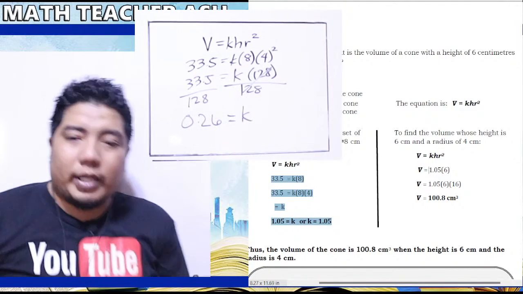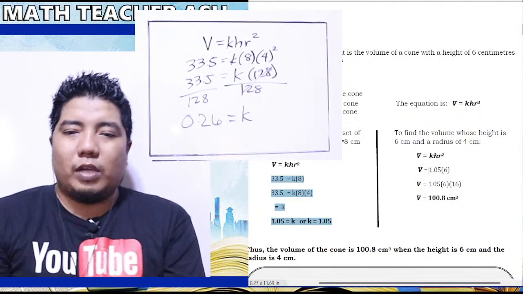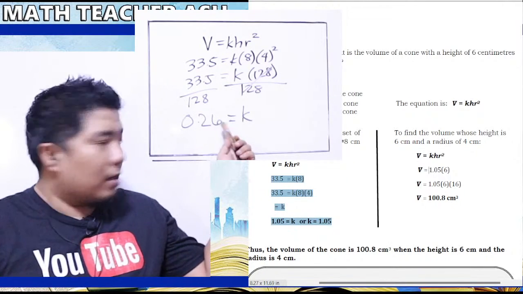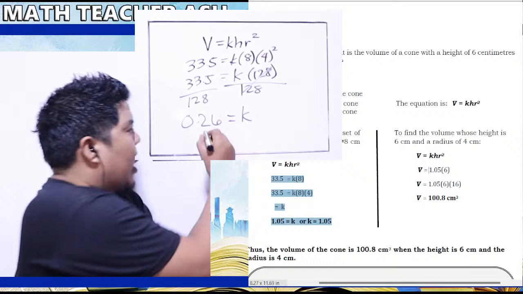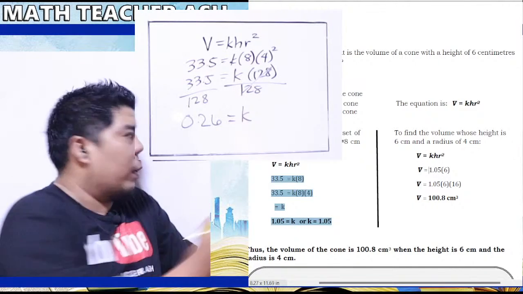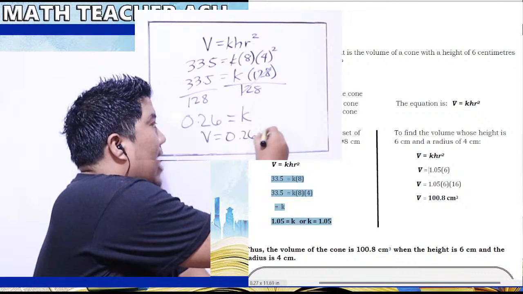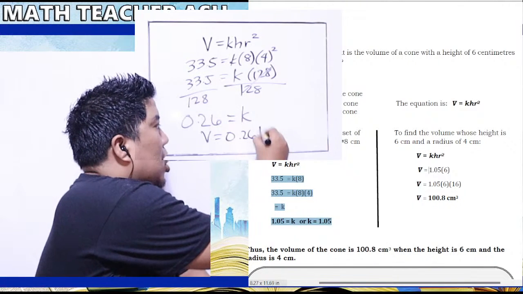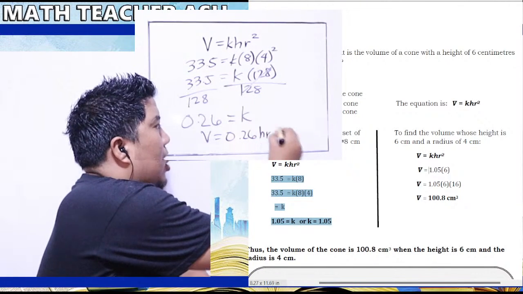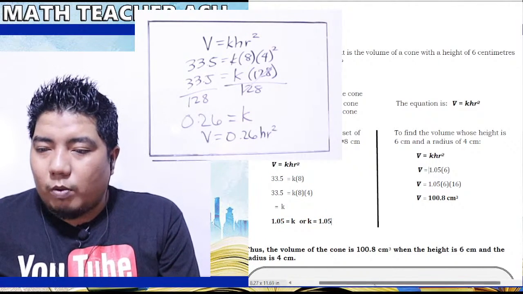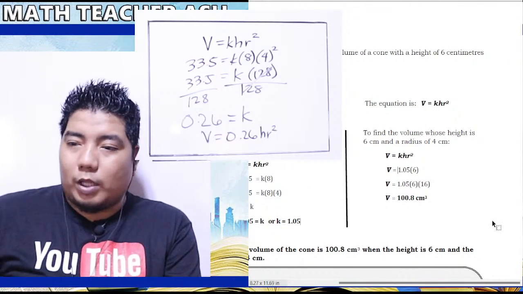That is our K. If we correct this, this will be the number that we will be using. If we write our equation of variation, V is equal to 0.26 times H, our height, times R squared.